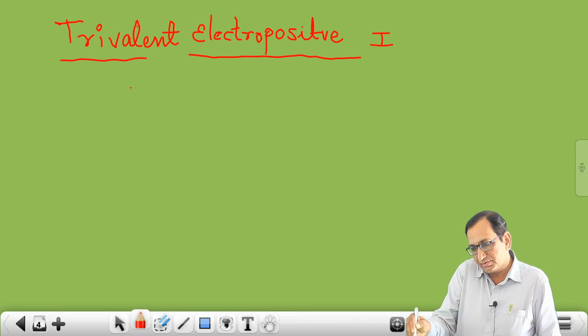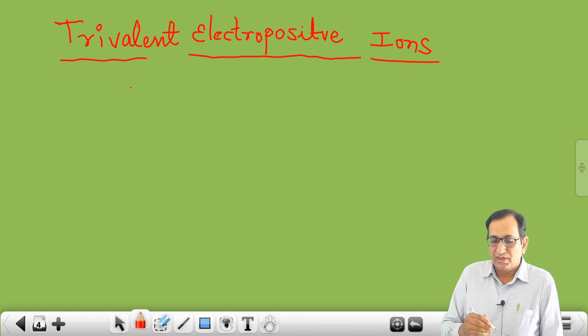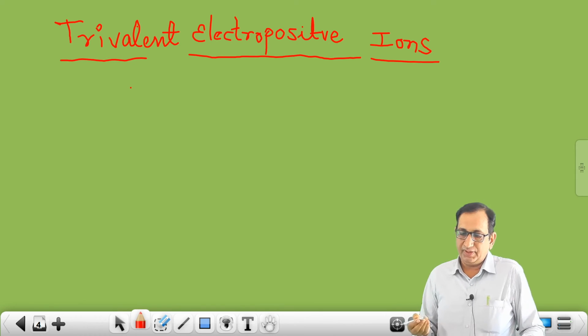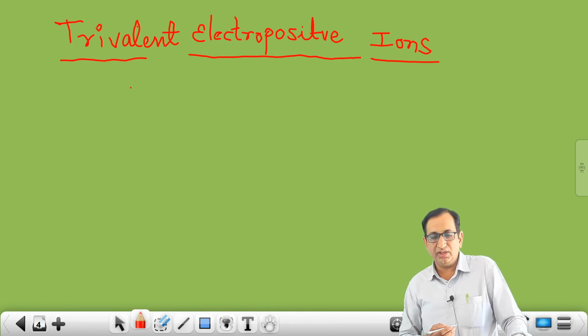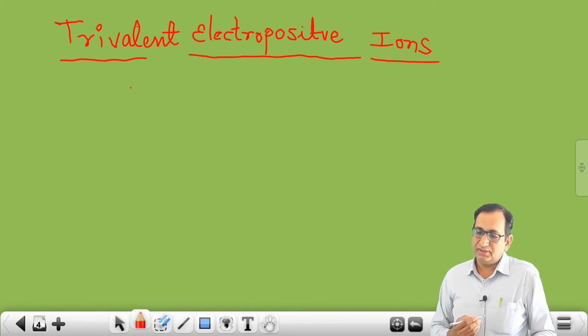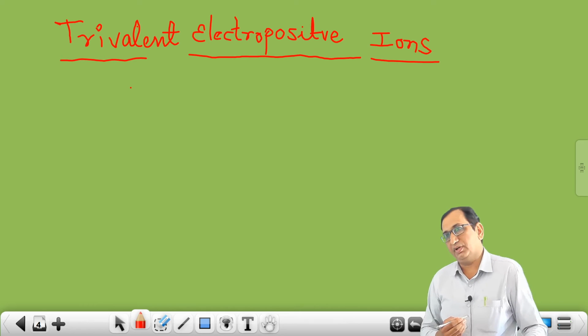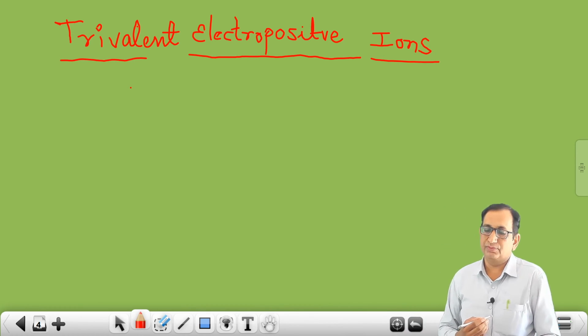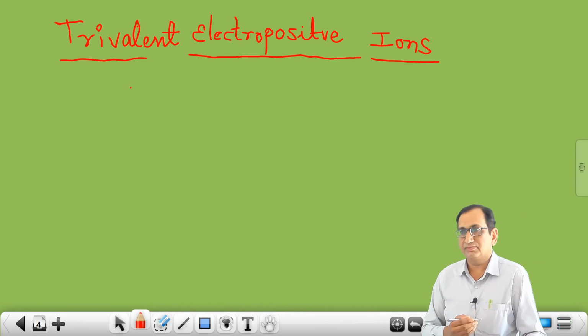We have discussed the monovalent electropositive ions, after that divalent electropositive ions, and finally we are discussing the trivalent electropositive ions. So students, these are very important for you. You have to learn it anyhow.